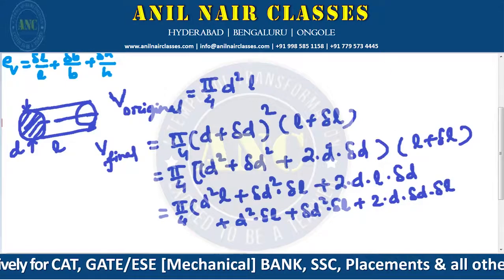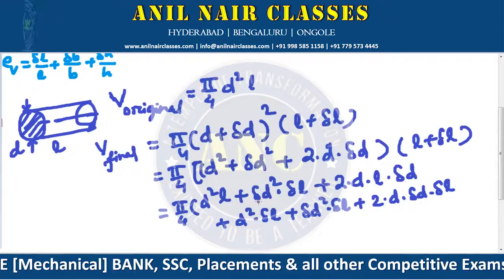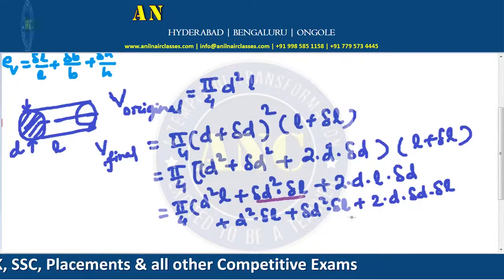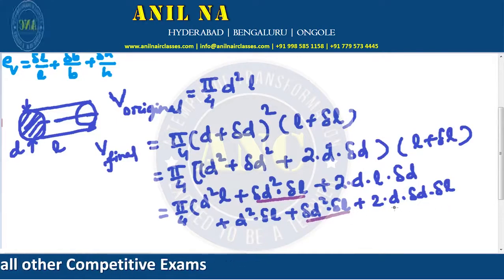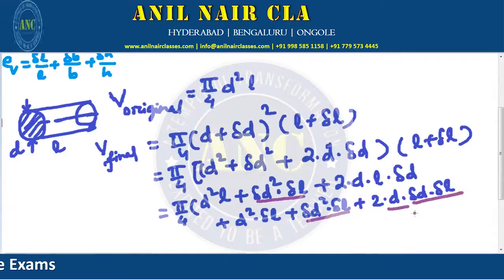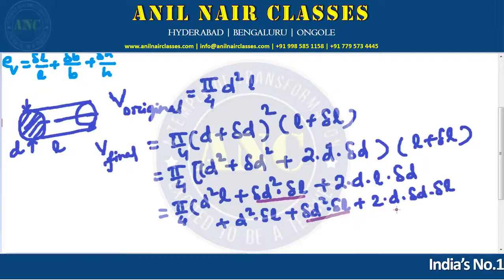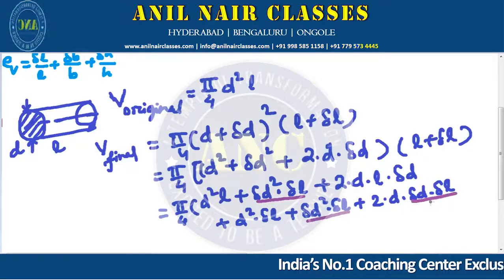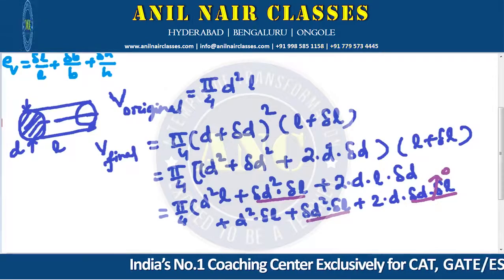Now which of these are 0 over here? If you see here, these are very small quantities, correct? These are very small quantities, so obviously this will be 0.